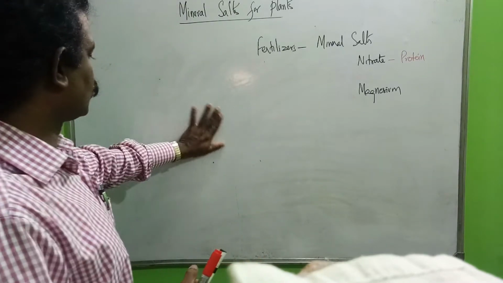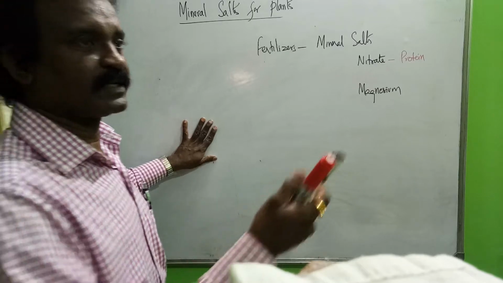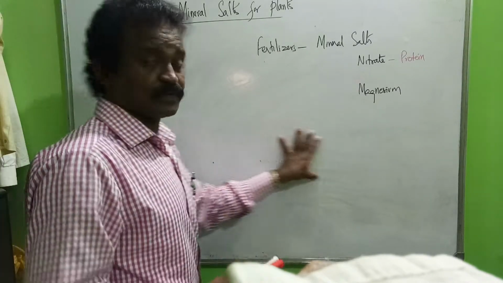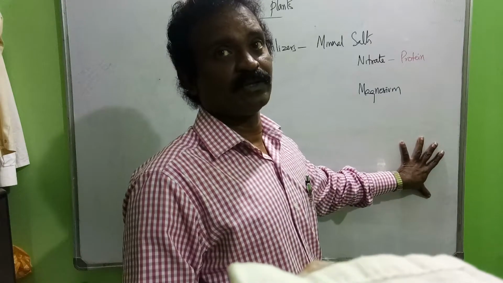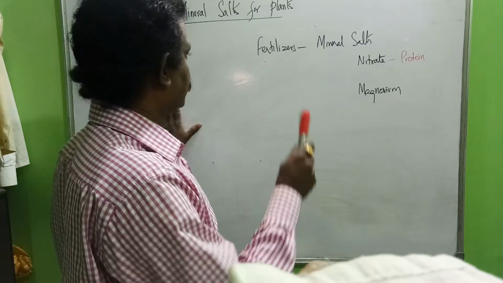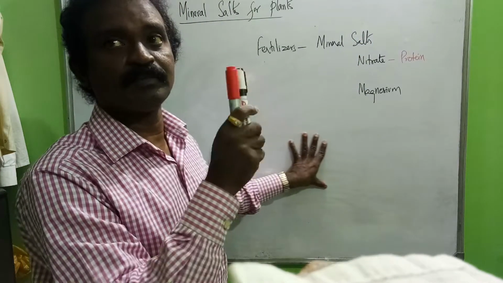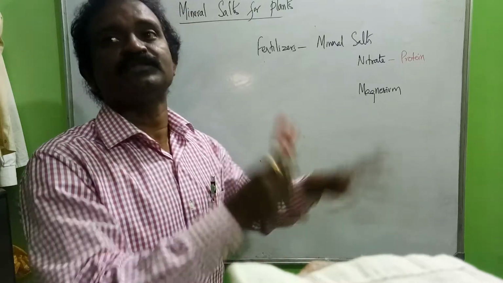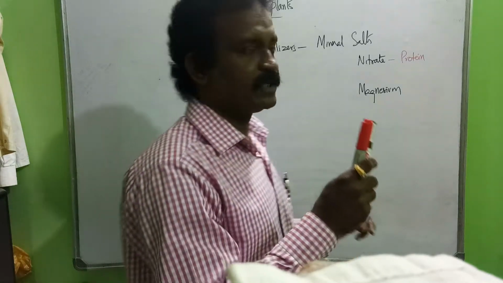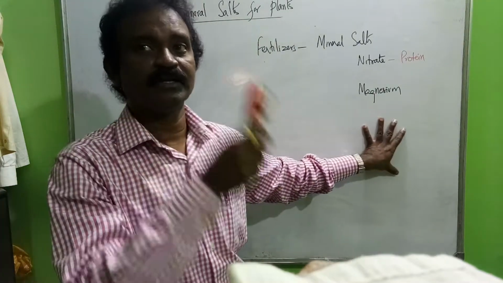Next, if you want to grow root crops like carrot and beetroot, phosphorus should be more in that soil. So each mineral salt is needed for the plant to grow. You cannot grow as you like. Can you grow apple here in Bangalore? No, you can see apple only in Kashmir, because of the climatic condition and the soil also.